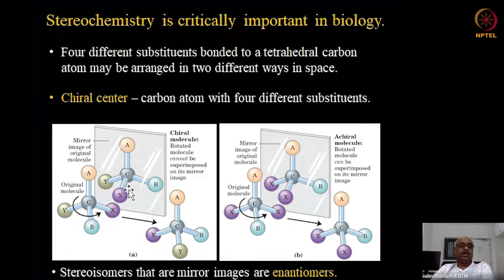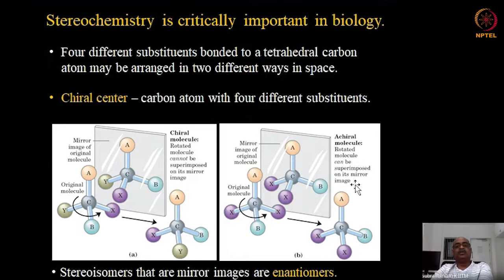When you have this sort of situation, you call that an enantiomer, okay? So this is based on the sequence of arrangement of constituents around a chiral carbon. Instead, if you have, let us say, two similar groups attached, there is no asymmetry and you have symmetry. Here, the rotated one will neatly superimpose.